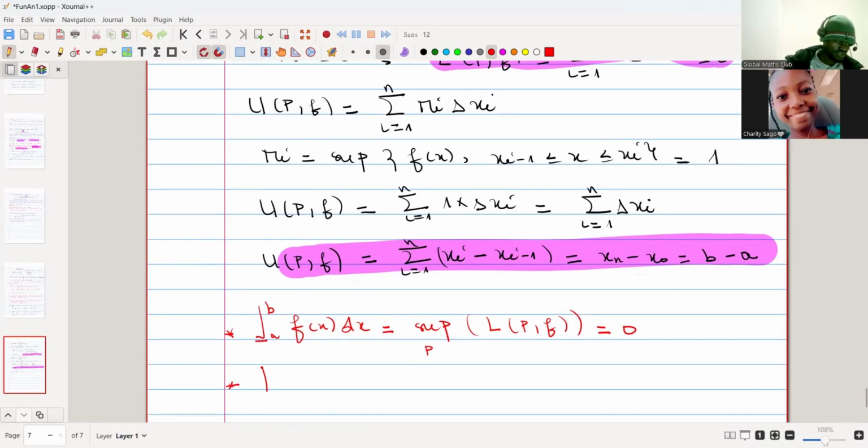And what is the upper double integral? The upper double integral is the infimum of the upper double sum. And we found that this one was a constant. So it will be the infimum of a constant, which is a constant.